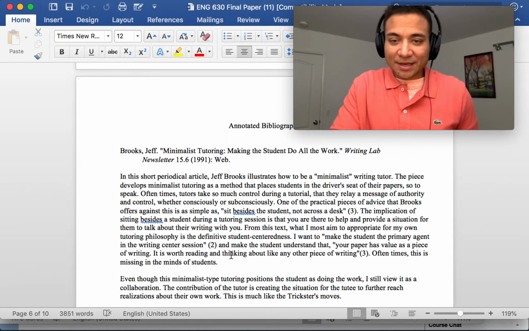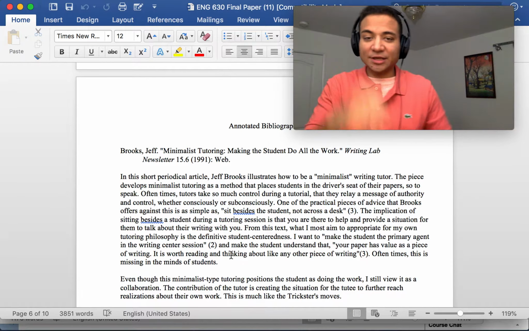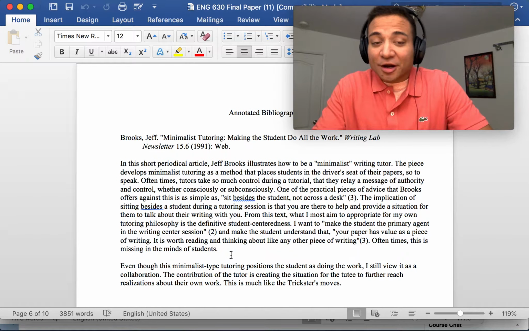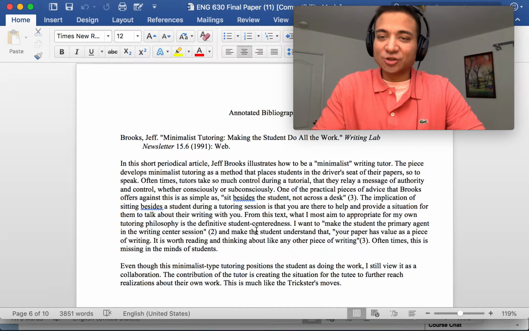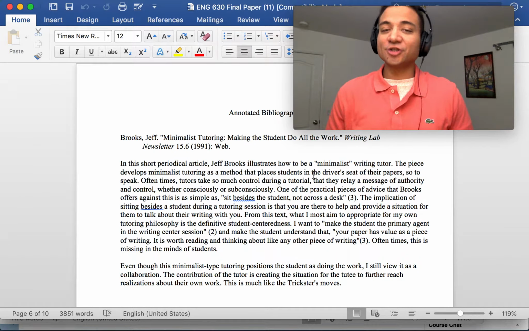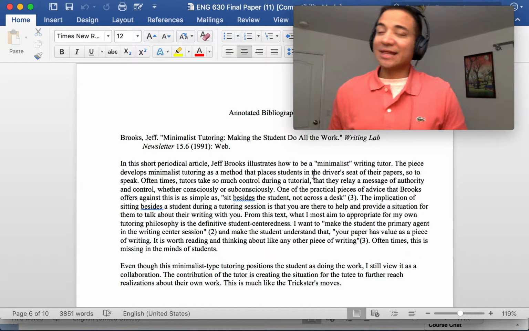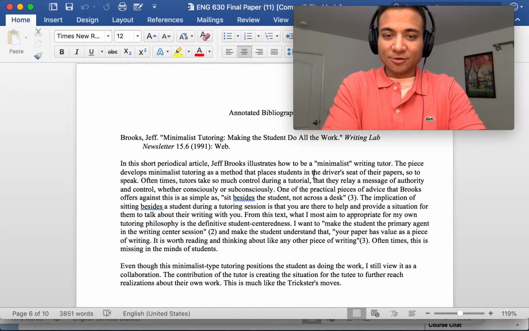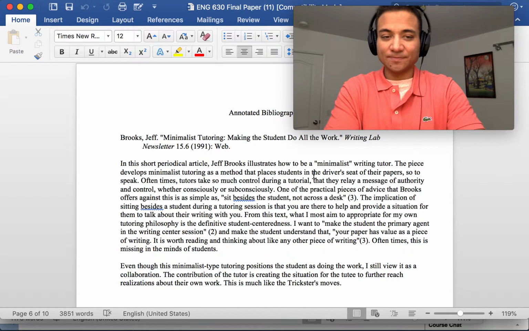This is from an article called "Minimalist Tutoring: Making the Student Do All the Work." In this short periodical article, Jeff Brooks illustrates how to be a minimalist writing tutor. When we use quotation marks on a term, that's because it's a key term that was presented to us from the source, okay?